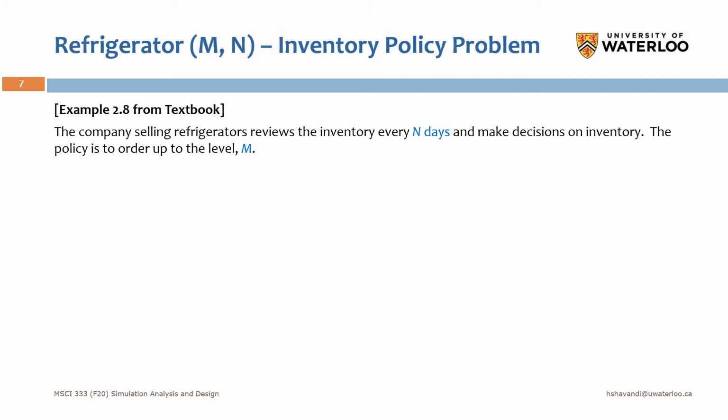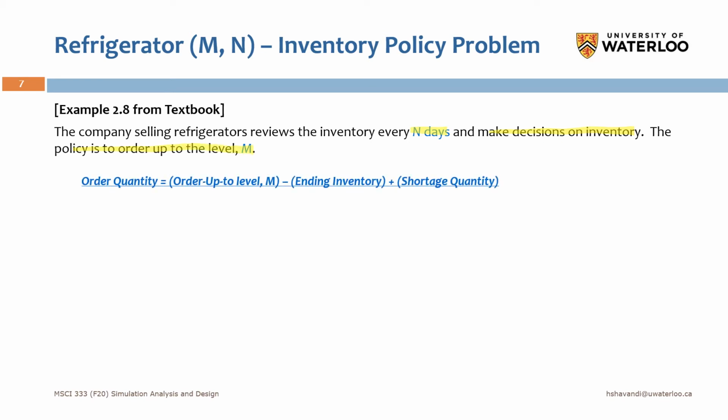So let's have our example here. Here we assume a company is selling refrigerators and the review period for ordering is N days. So the company will review the inventory every N days and make decisions on inventory. I mean, it obtains the quantity of the order, okay? And the policy is to order up to the level M, okay?